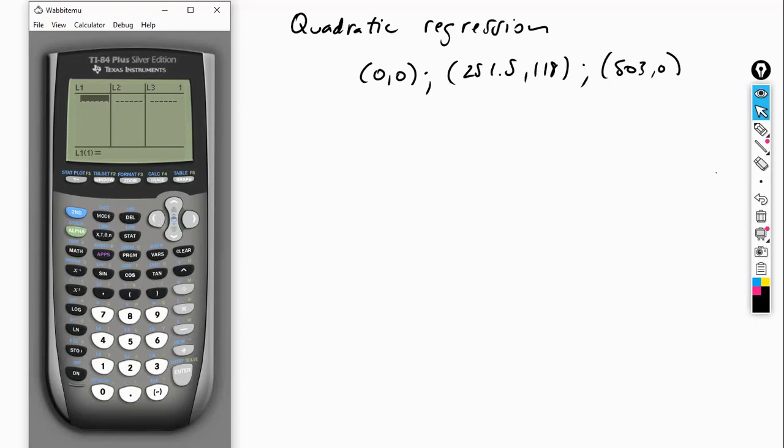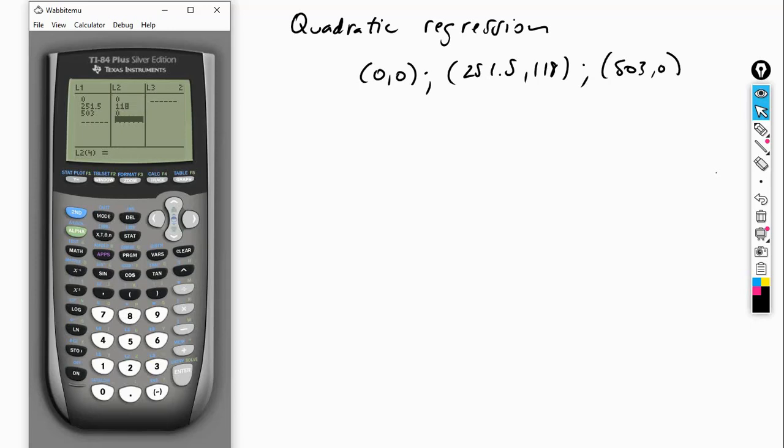In list 1, you're going to write the x coordinates. So 0 is one x coordinate, 251.5 is another, and we also have a third coordinate, which is 503. And then in list 2, we're going to write the corresponding y coordinates. So 0, 118, and finally 0.